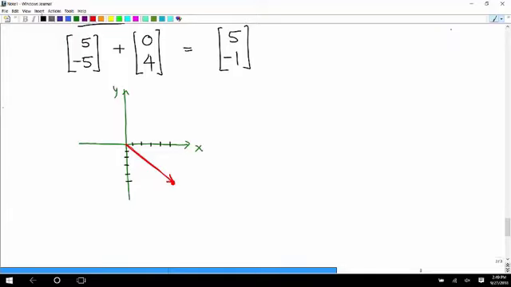And then our second vector goes 1, 2, 3, 4. Goes 0 in the x direction, 4 in the positive y direction, so it's right here. That's the head, so we're adding these two.